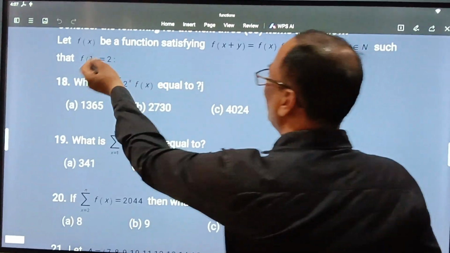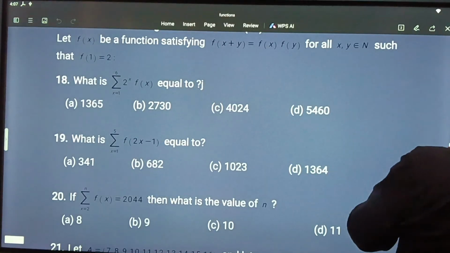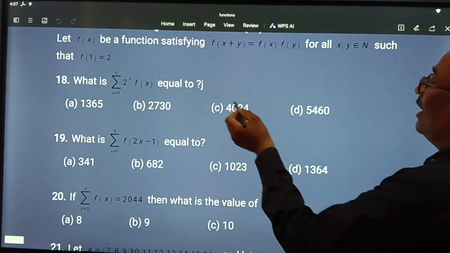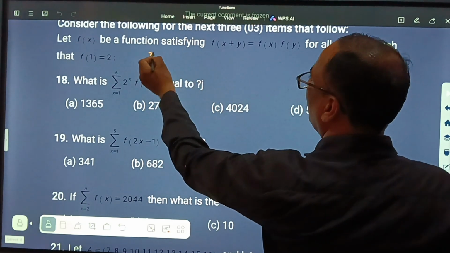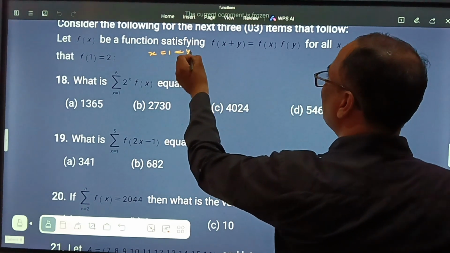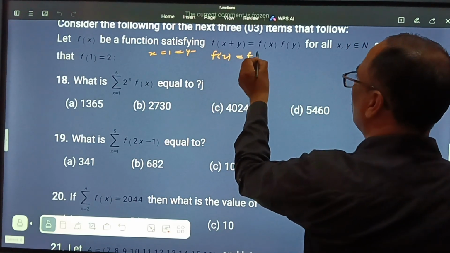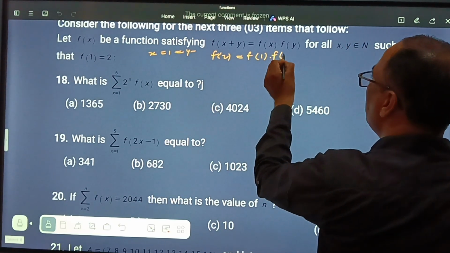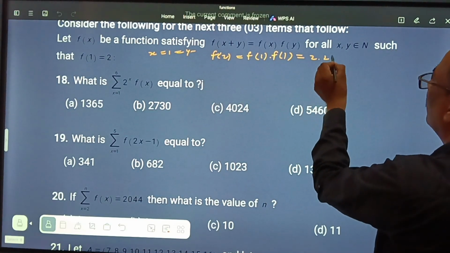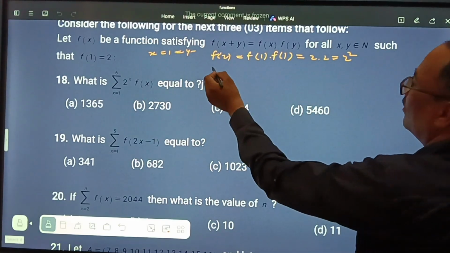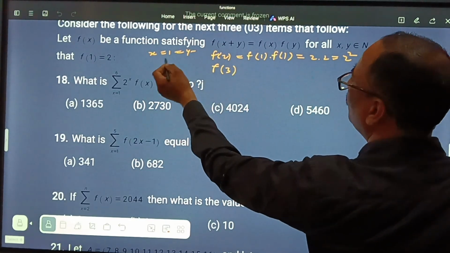Definitely f of 1 is 2. To find f of 2, put x equals 1 and y equals 1. Then f of 2 is equal to f of 1 into f of 1, that is 2 into 2, that is 2 square.